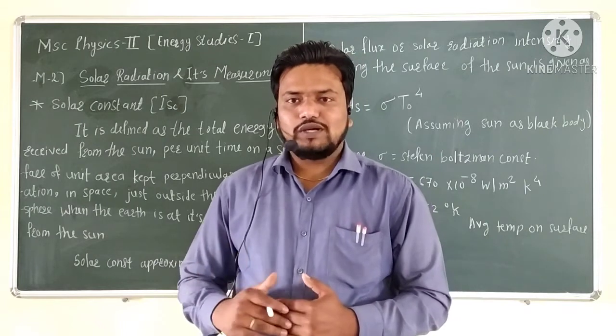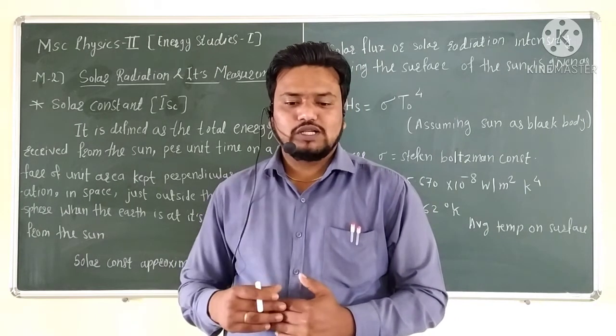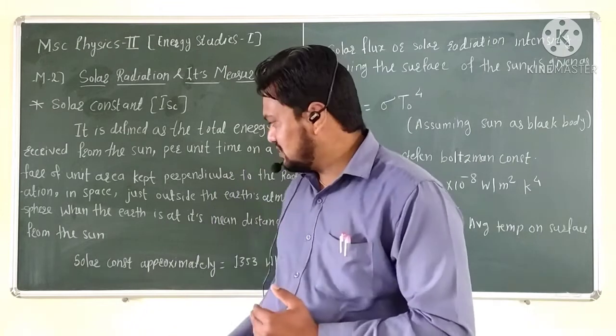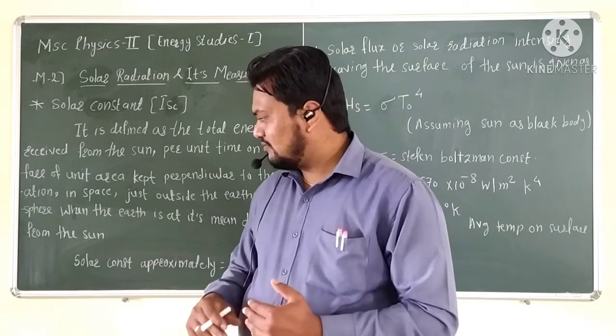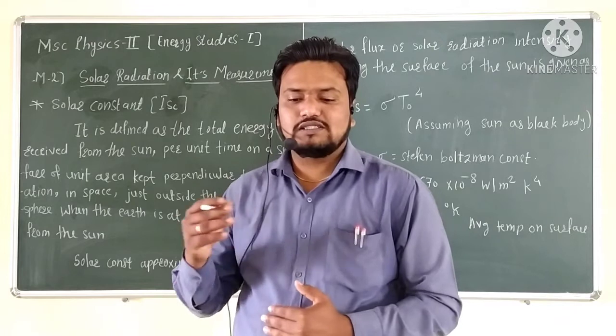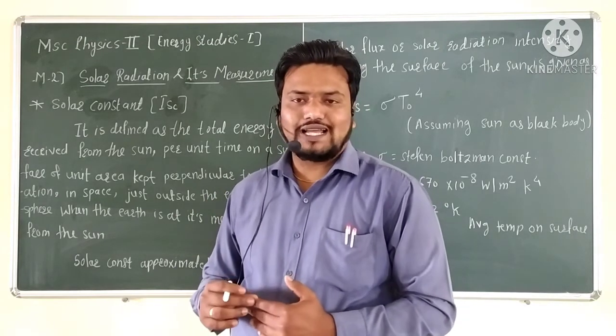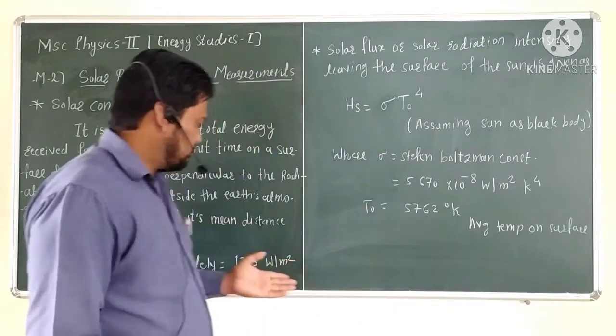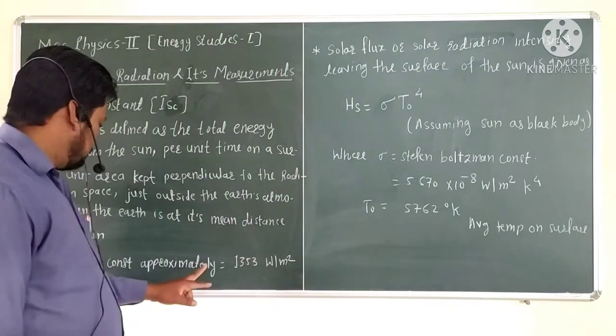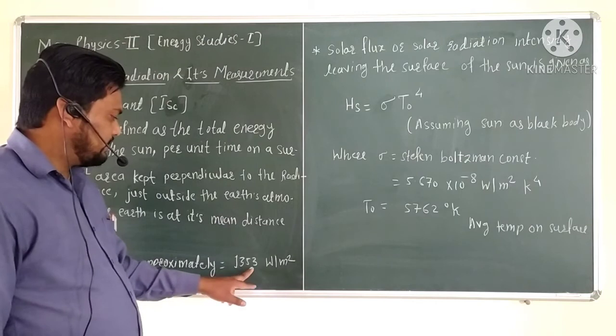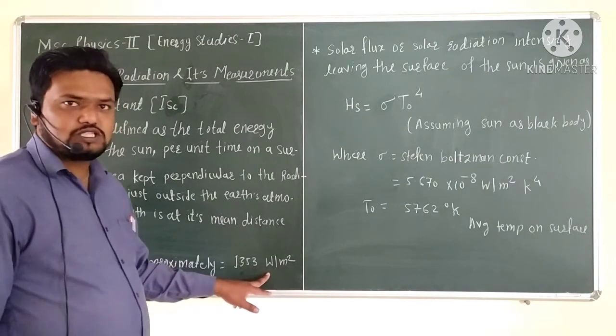From the recent measurements, the approximate value of the solar constant is 1353 watt per meter square.